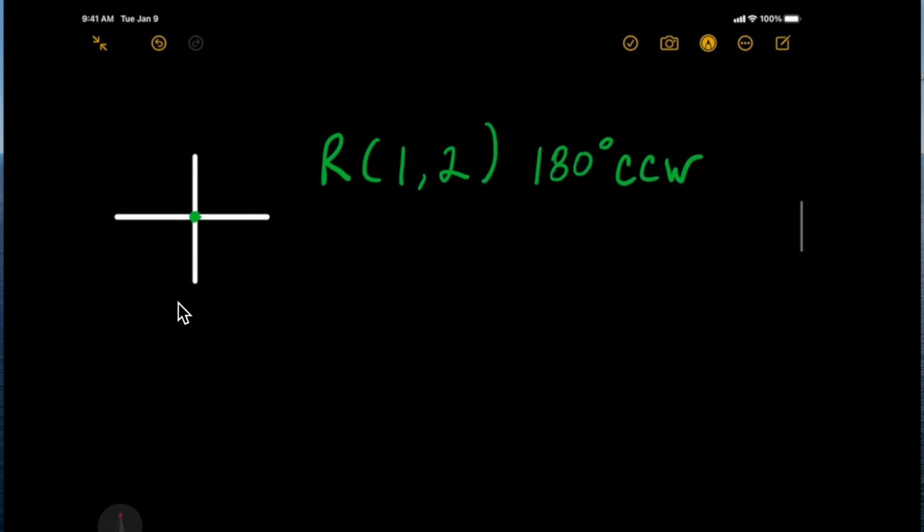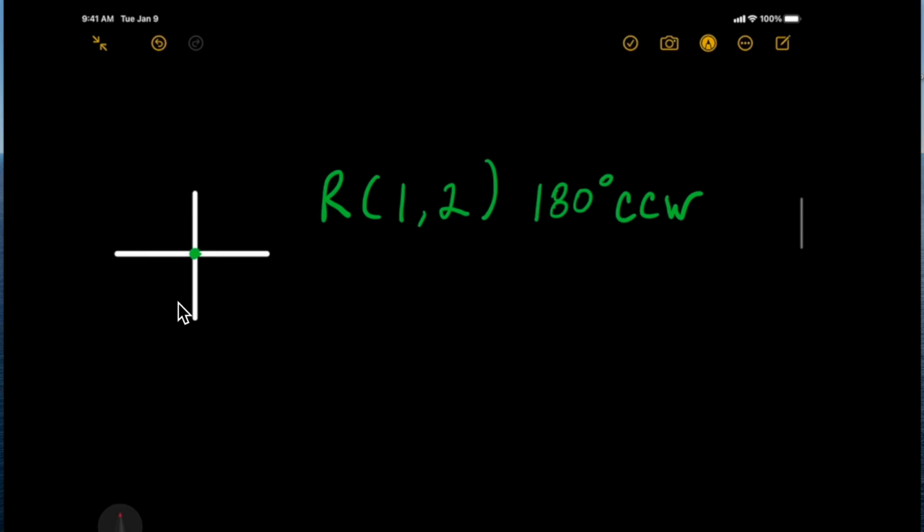Let's do one more rotation about the origin. Here we're going to do 180 degrees. So let's go to the point 1, 2. We start there. We draw a line to the origin, and because it's 180 degrees, we just keep going right through the origin. So if this was A, this would be A prime.